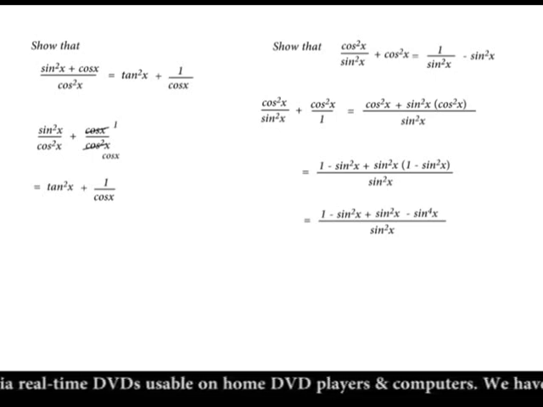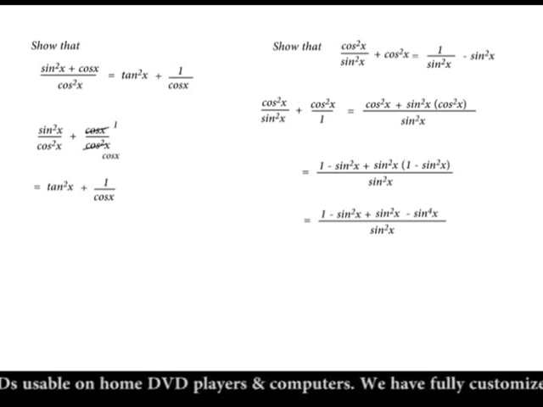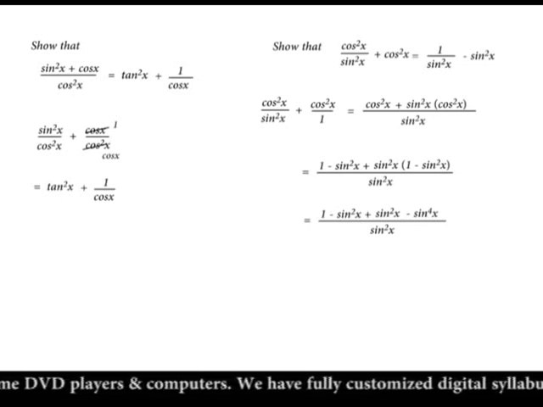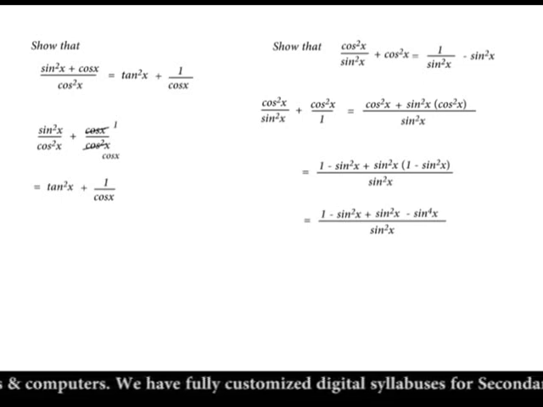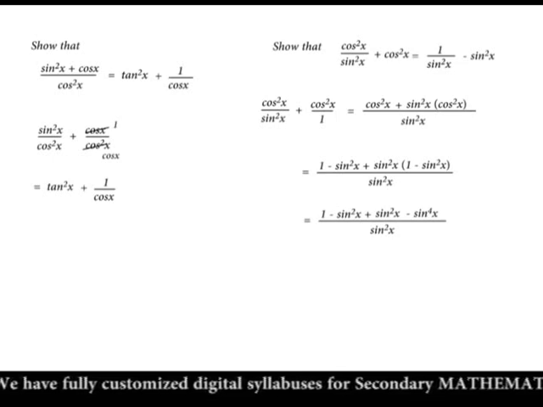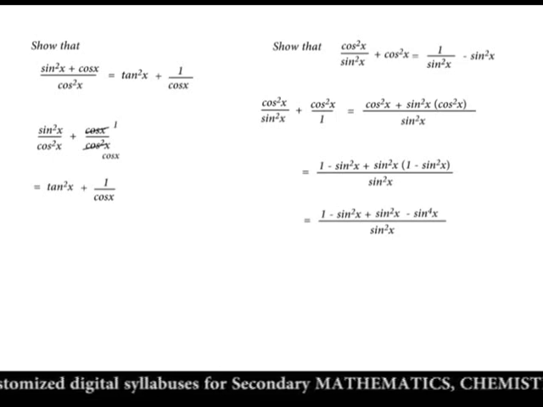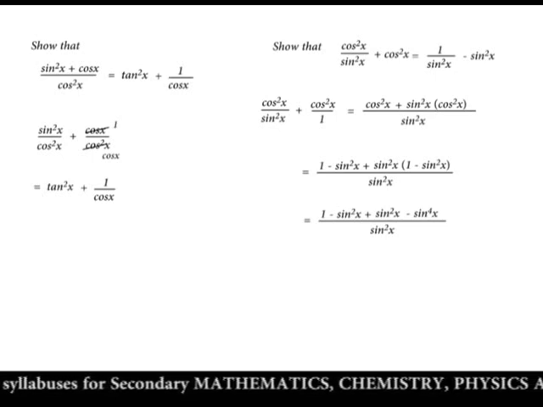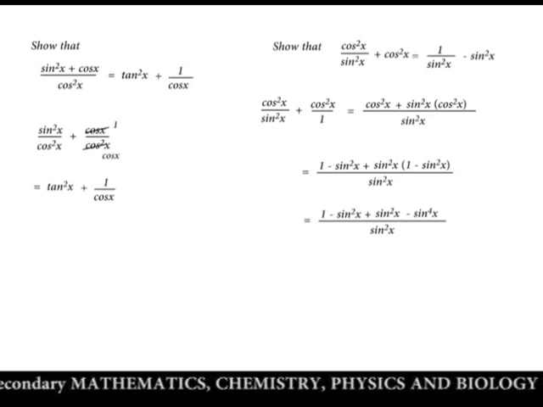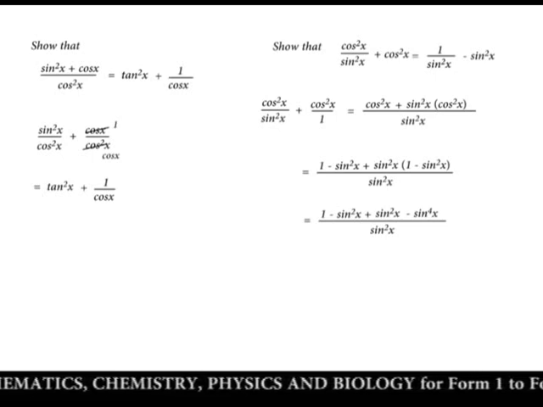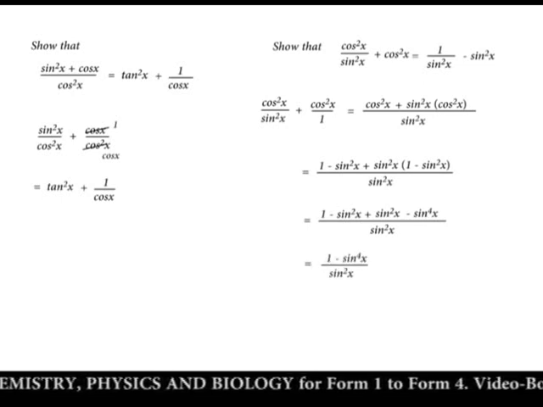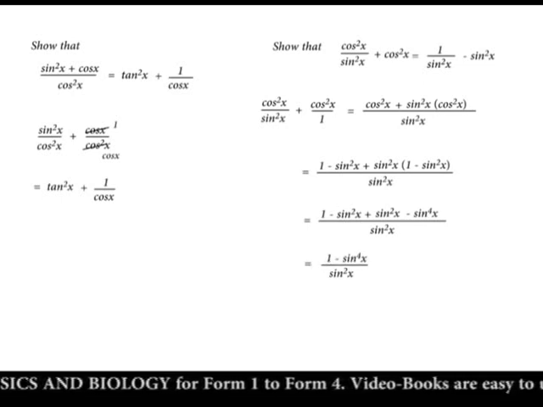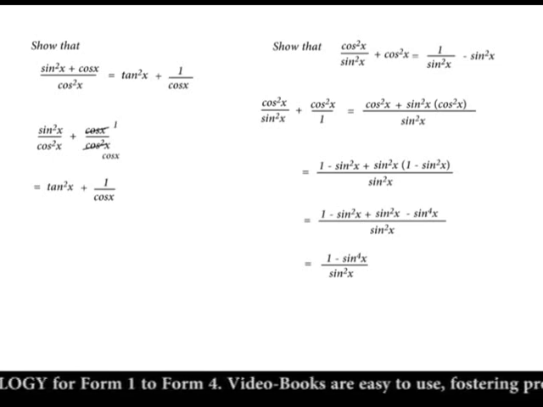Open that bracket, we shall have 1 minus sin²x plus sin²x minus sin⁴x, everything over sin²x. Minus sin²x plus sin²x is 0. And so we shall remain with 1 minus sin⁴x over sin²x.